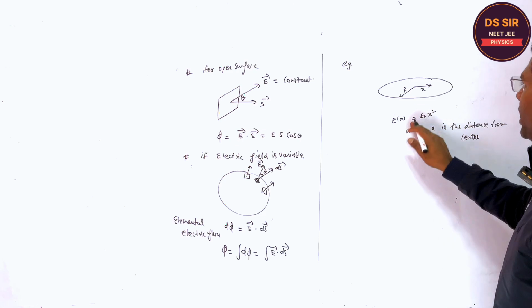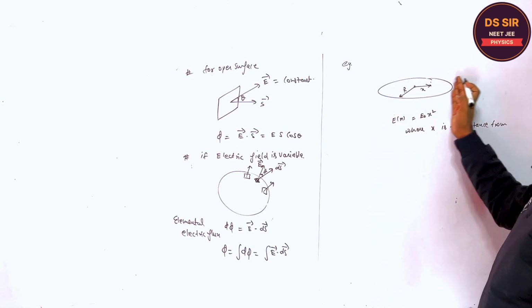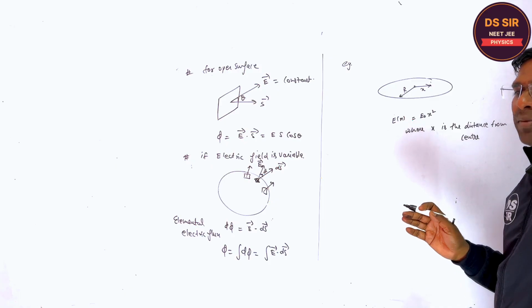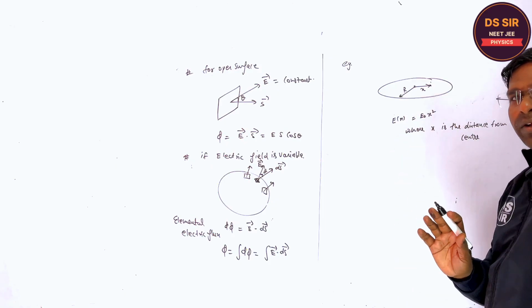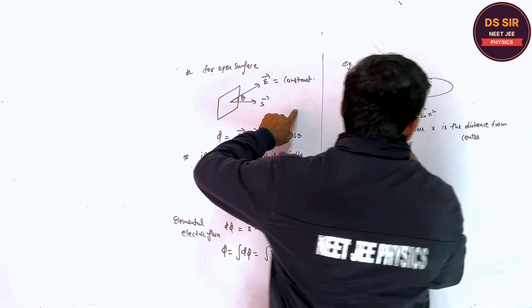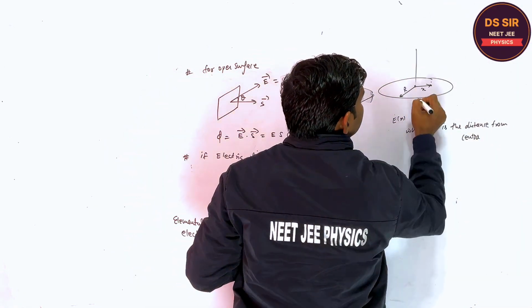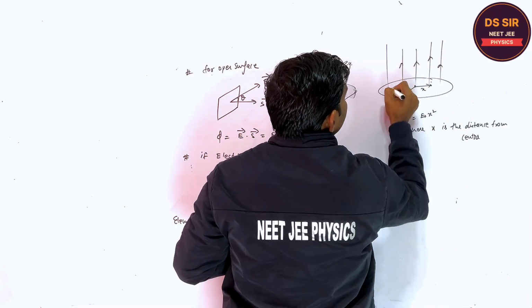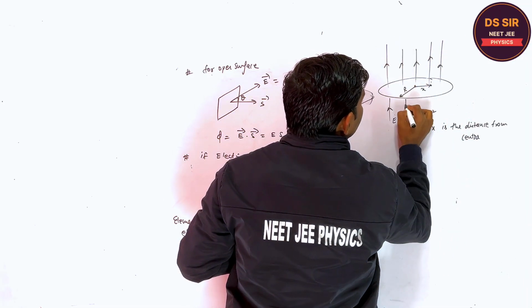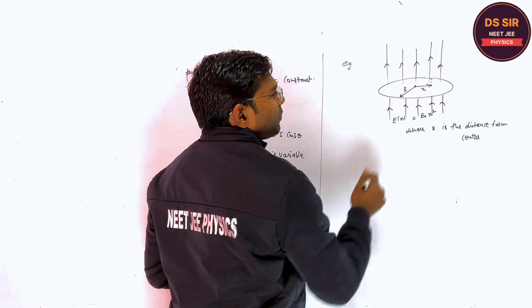Tell me, the electric field at the center is what? Say 0. As you are moving away from the center, the electric field is increasing. Are you getting or not? Yes. And the electric field is in this direction, perpendicular to the surface, and it is varying as a function of x.